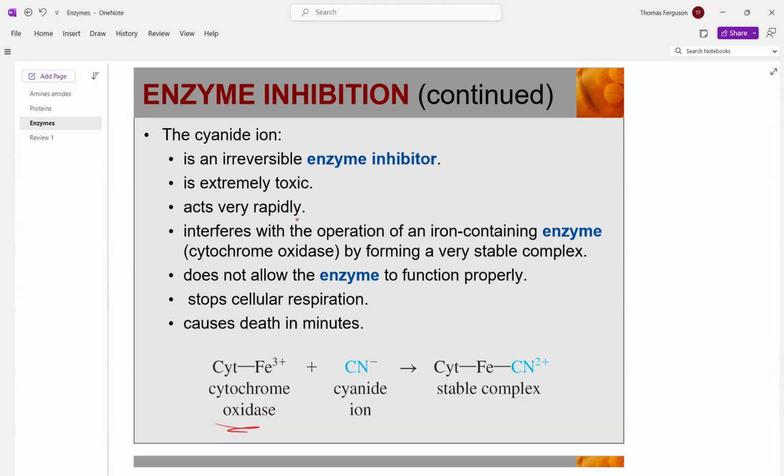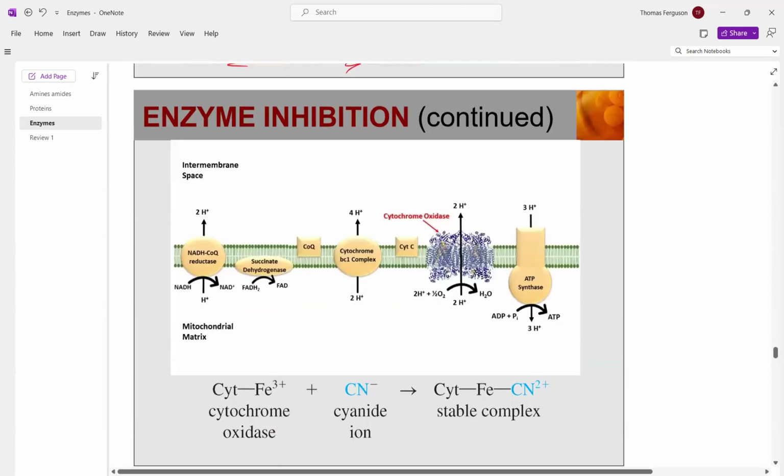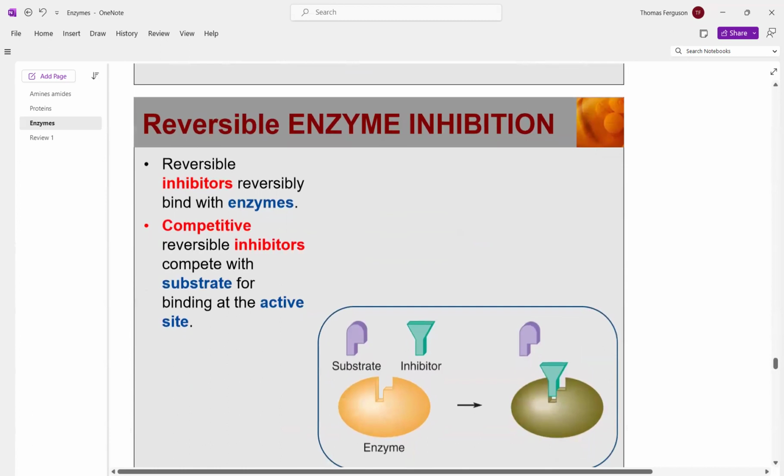And that enzyme is tied up with a cyanide. That means that enzyme no longer works. Okay, so those are irreversible ones.